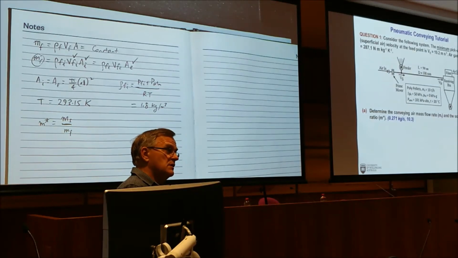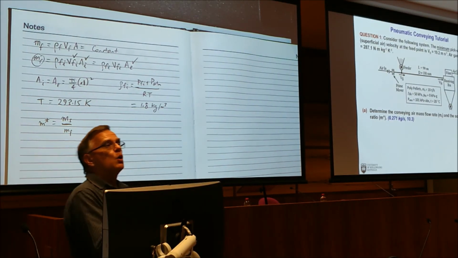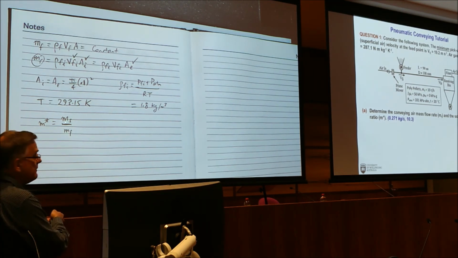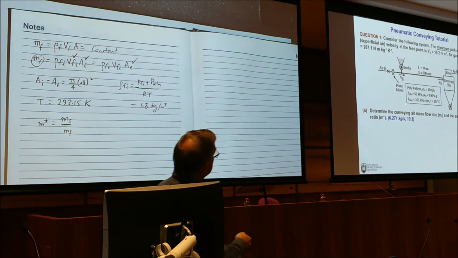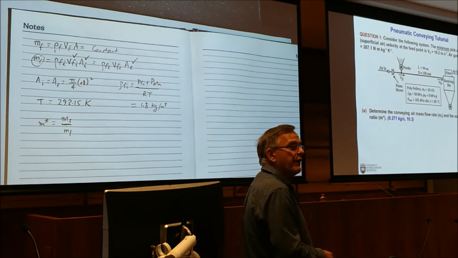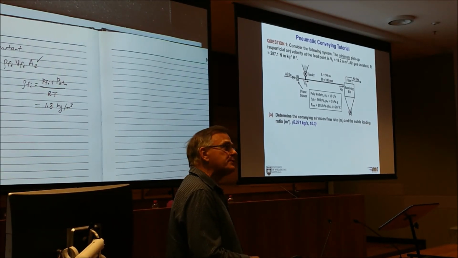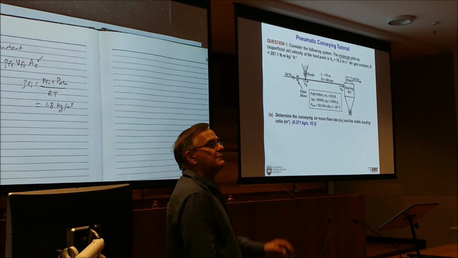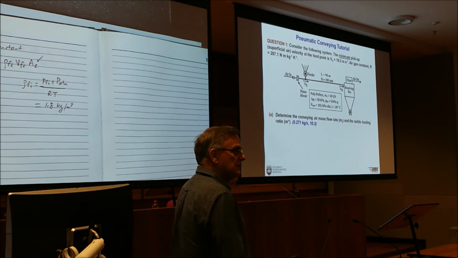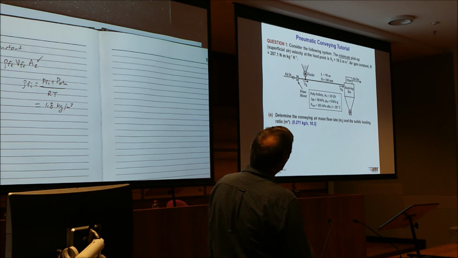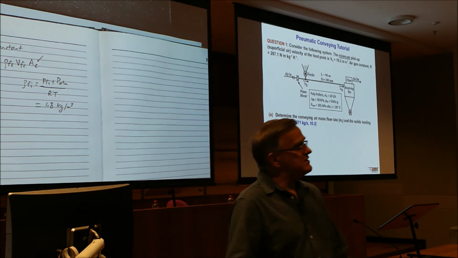So if we use kilograms per second for MF, we must use kilograms per second for solids as well. Now MS is what? 10 tons per hour, metric tons per hour. Not American tons per hour, that's a different number again. But in this business, it's always metric tons unless specified otherwise. So 10 tons per hour, we've got to convert to kilos per second. The simple conversion is divided by 3.6.